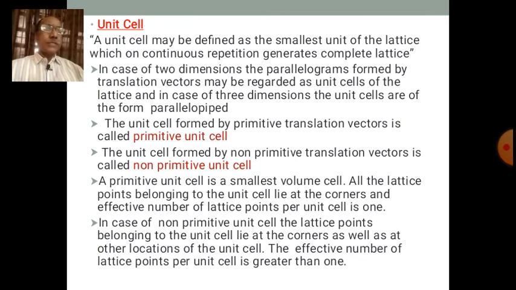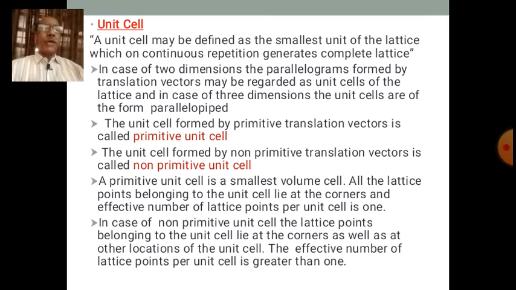In two dimensions, the parallelograms formed by translation vectors may be regarded as unit cells of the lattice, and in case of three dimensions, the unit cells are of the form parallelepiped. Just imagine the three-dimensional equivalent of a parallelogram.